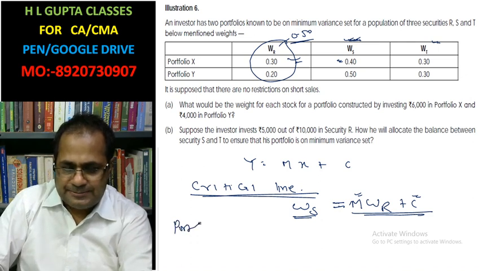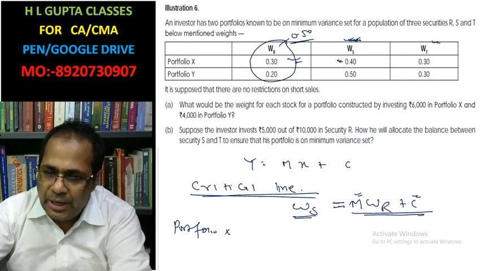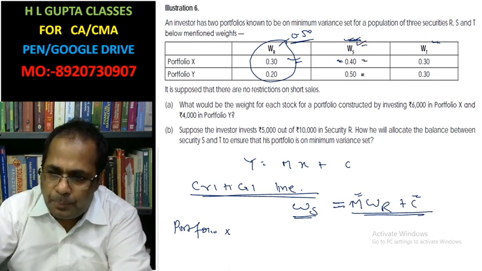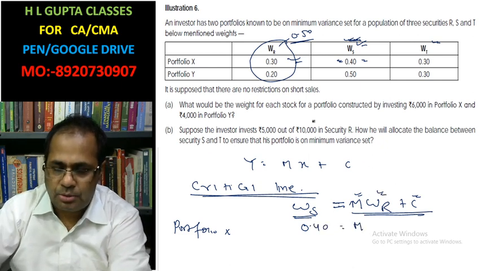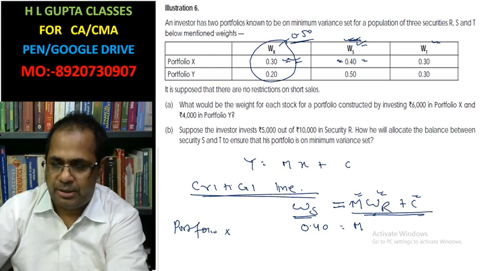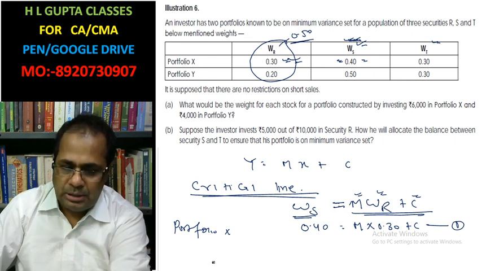Portfolio X: when weight of S equals 0.4, the weight of R is 0.3, so 0.4 equals M times 0.30 plus C. This is the first assumed equation.